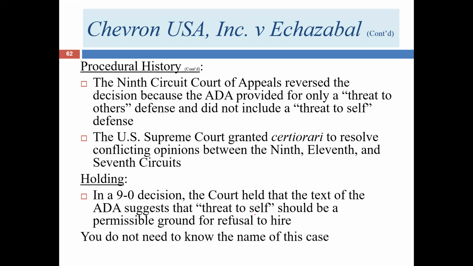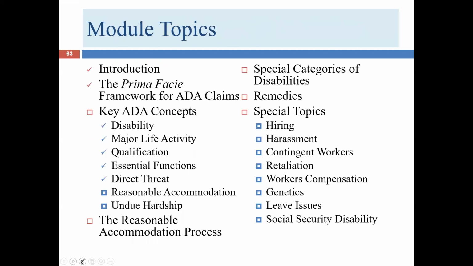So it wasn't just this individual accepting a risk that he wanted to bear, but in some sense, the employer would have also been bearing that risk. Again, you don't need to know the name of this case. You do need to know this idea, though, that threat to oneself can be a direct threat situation that would mean the person was not otherwise qualified.